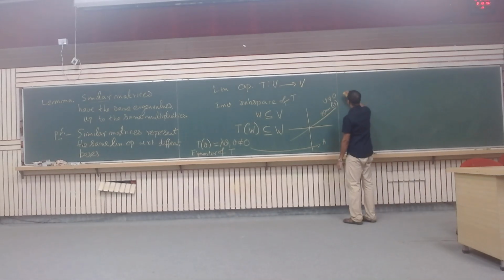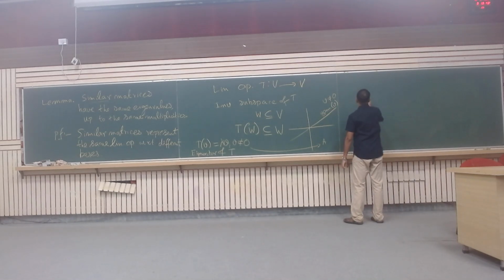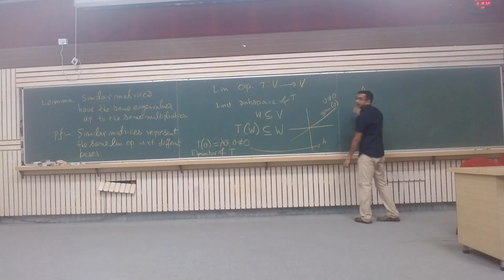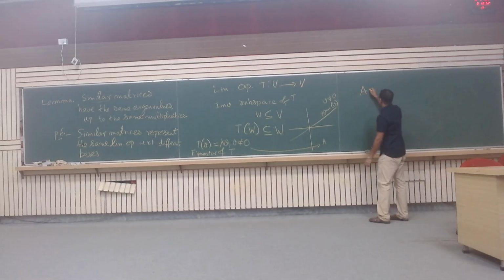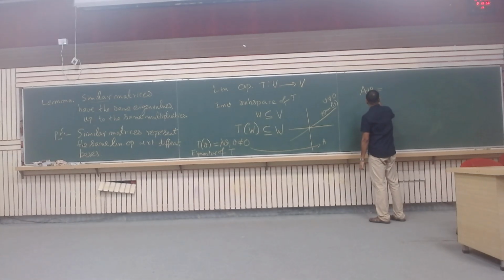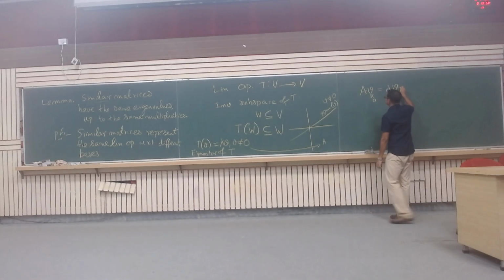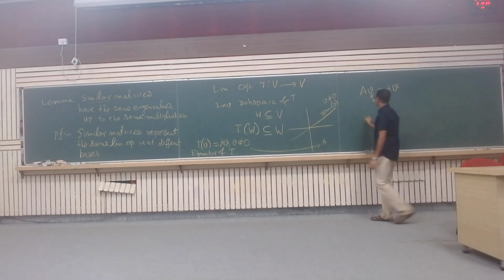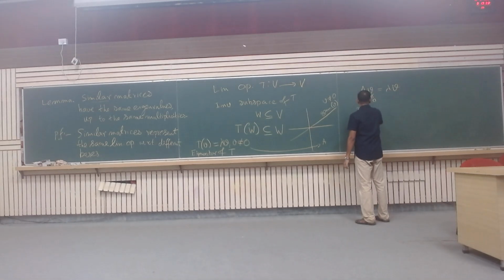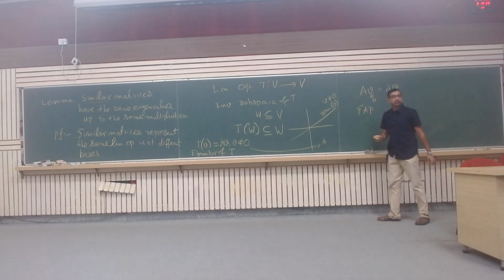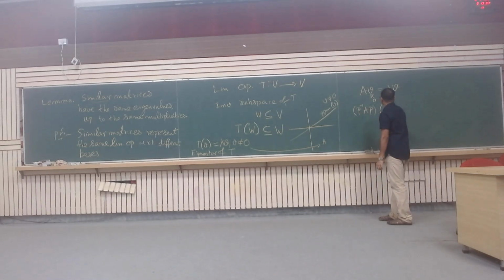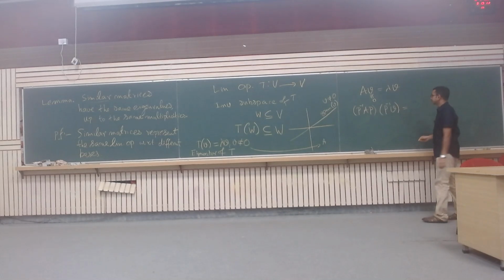Okay, so now the matrix route of proving the same thing. What is an eigenvector of a matrix? It's v such that v is not equal to 0 and Av is equal to lambda v, right? Now suppose we are considering some P inverse AP, okay? Multiply it with P inverse v. What do you get? P inverse Av, okay?